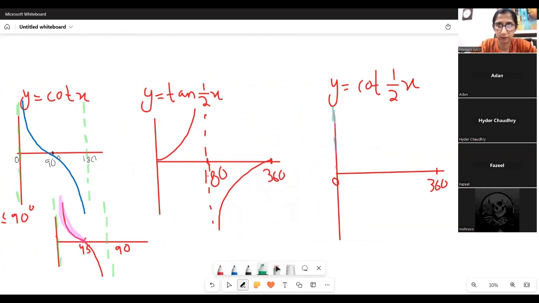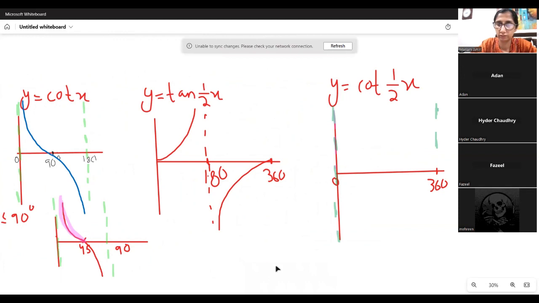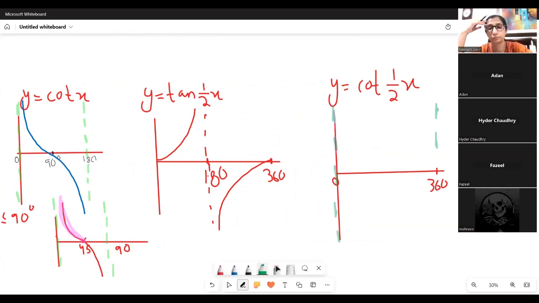Asymptote here and an asymptote at 360 degree. And earlier we had an asymptote at 180, now that would be a 0. So the curve will look like this.